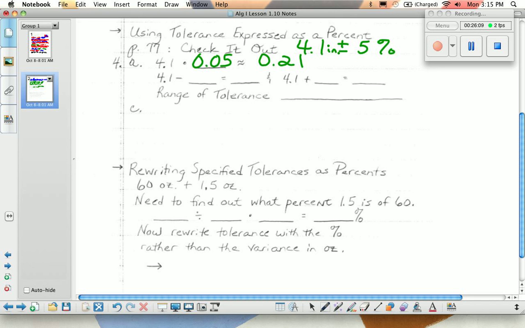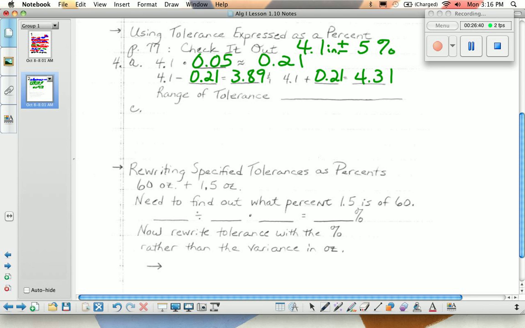It can go 21 hundredths less, so we can take 21 hundredths away from 4 1/10 inches. At the low end, we would tolerate 3.89 inches, and at the high end, we would tolerate 4.31 inches.